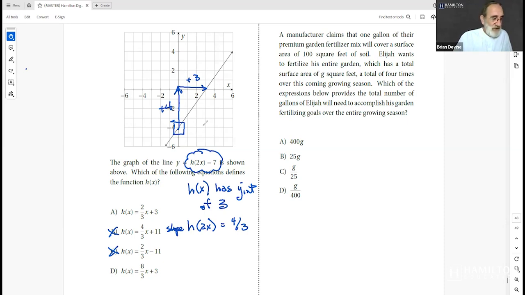And so we multiplied something by 2 to get the 4/3. The slope of h of x then should be half of that. So we should have a slope of 2/3 and a y-intercept at 3, which means that it's not D. It's got to be A.